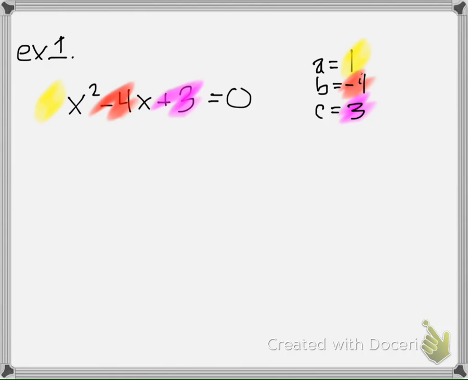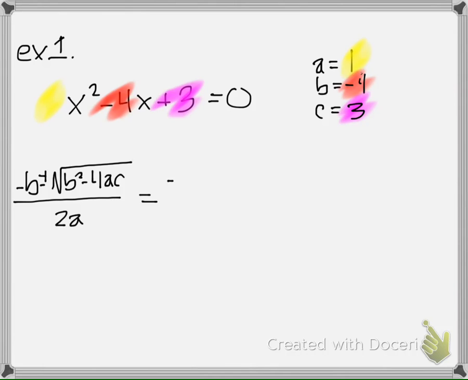Now that we know what A, B, and C are, you need to take your quadratic formula, which says opposite of B plus or minus the square root of B squared minus 4AC all over 2A. Well, b is negative 4, so the opposite of b is positive 4.